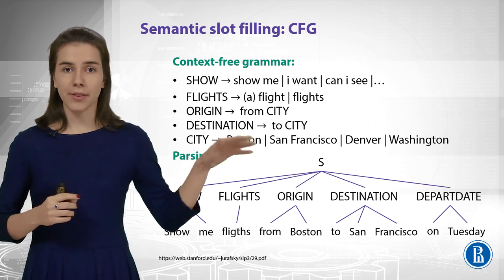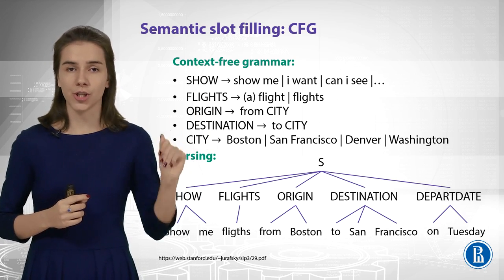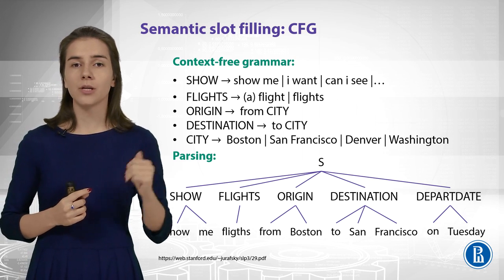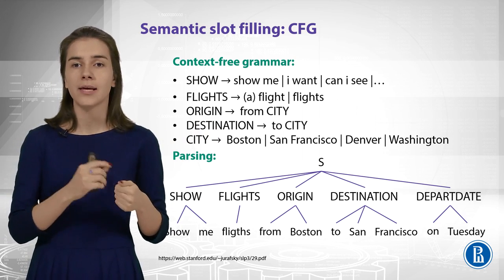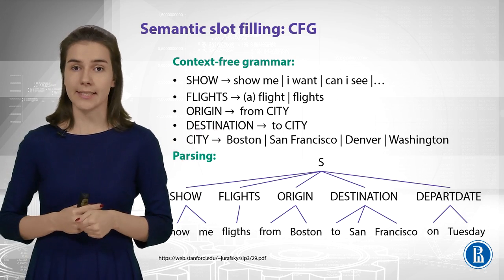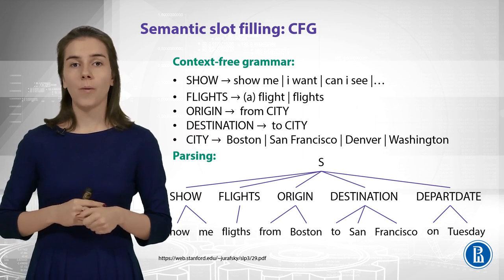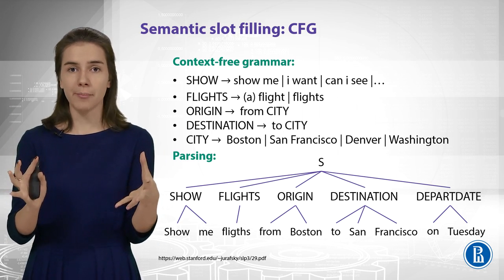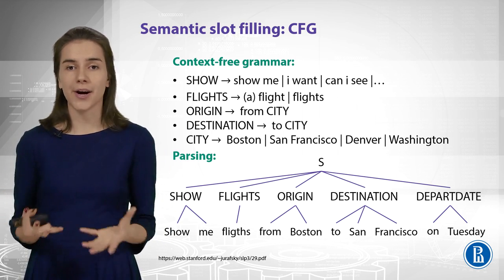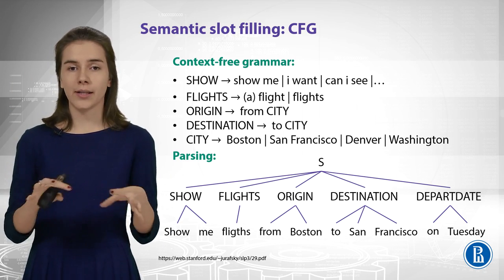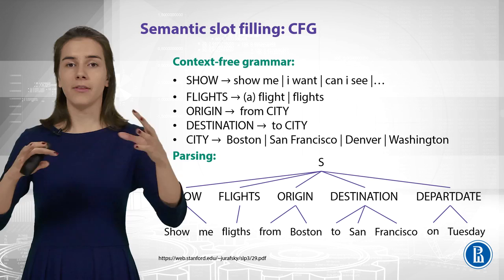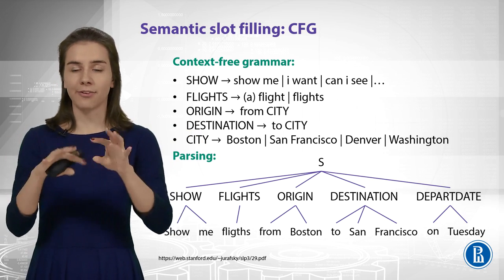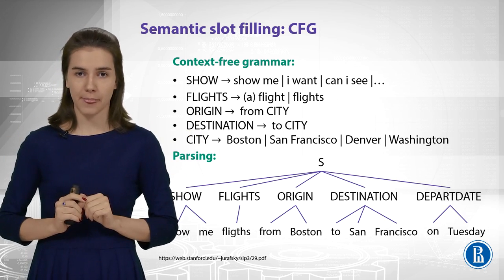And some other words, for example, origin non-terminal, can produce from city, and city non-terminal can then produce some specific cities from a list. Now, when you have this context-free grammar, you can use it to parse your data. So you can get the sequence and say what were the non-terminals that created these certain words.